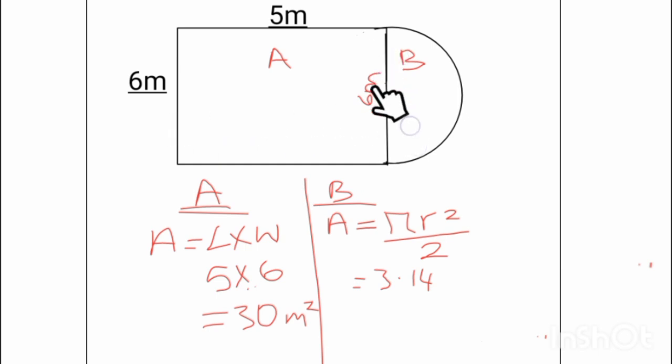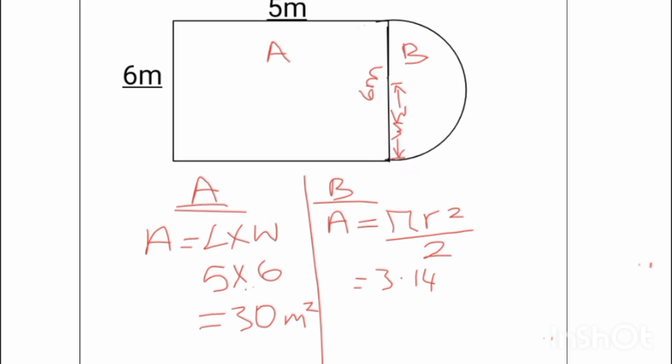Now this 6 meters is also the diameter of the semicircle, and the radius is half of the diameter. So half of 6 is 3 meters. So our radius would be 3 meters. So that would be the radius of the semicircle.